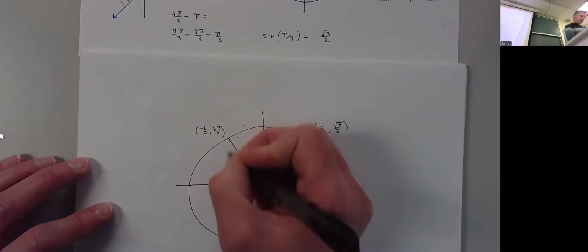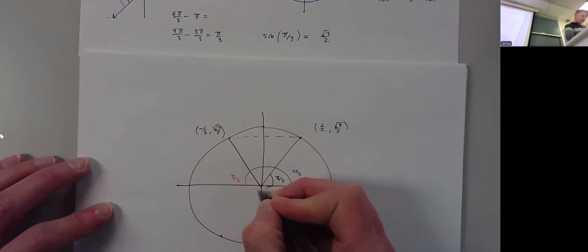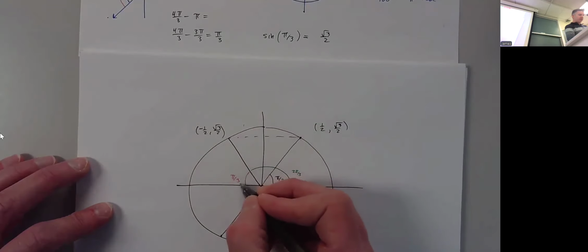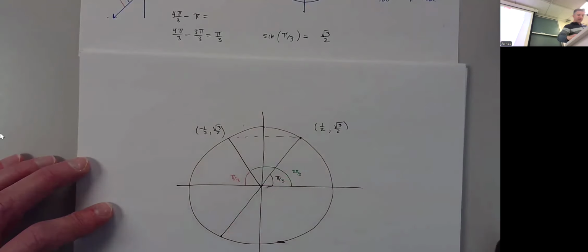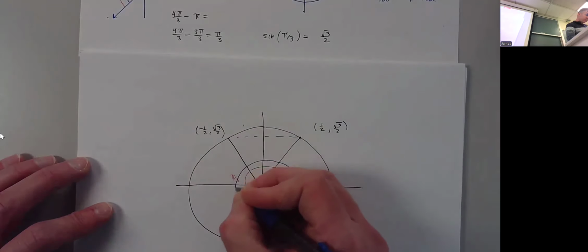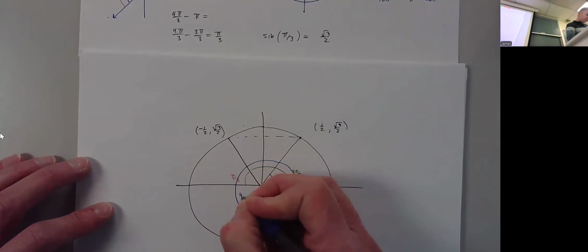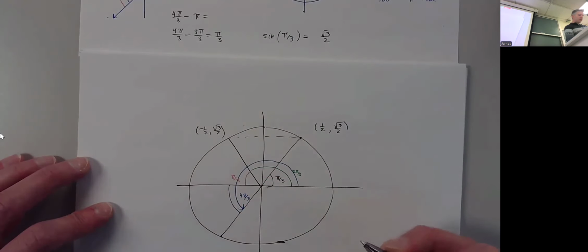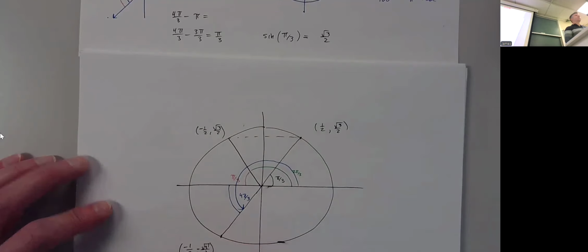And if I go down here to an angle that's not pi over 3, not 2 pi over 3, not 3 pi over 3, but 4 pi over 3, where again, the reference angle is still pi over 3, this coordinate here is, well, now both x and y have negative values.